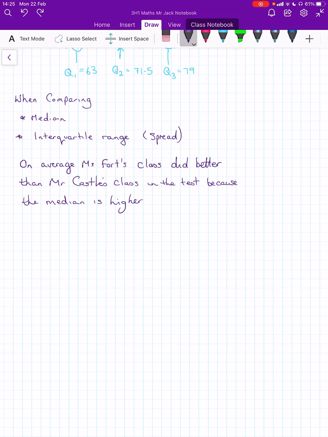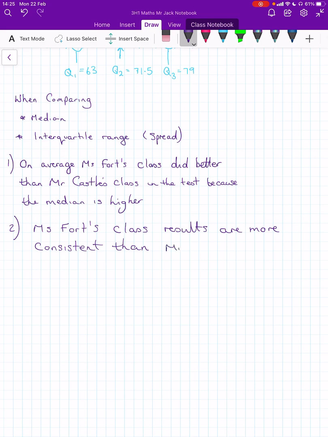So we can say for our second point, so this was point 1, point number 2, we can say Miss Fort's class results are more consistent than Mr. Castle's.